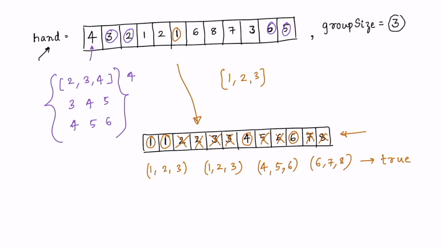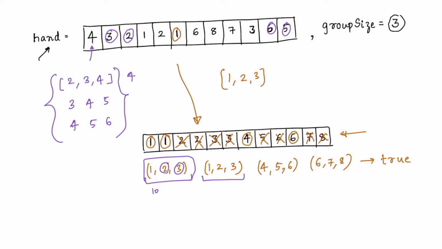Well, think about it. Any group that 1 is going to be part of is going to look identical. So if there are 10 ones, all those 10 groups where 1 is part of are going to look identical to this group. As long as we know how many ones we have, if we ensure at the very least that we have the same or more number of 2s and 3s, we'll be able to use all the cards of value 1 and put them into correct groups.